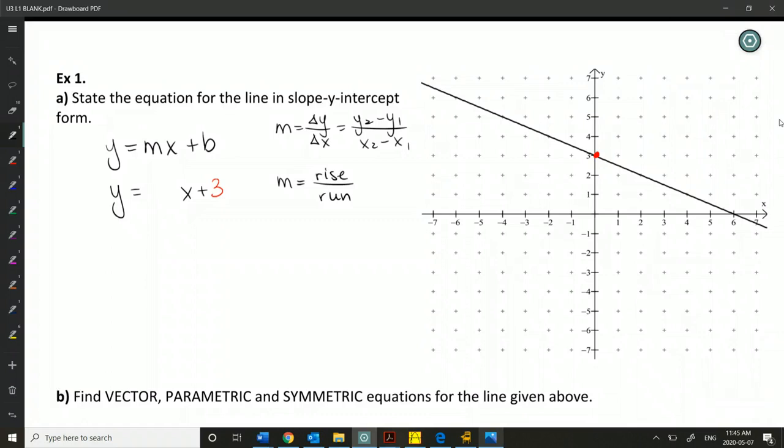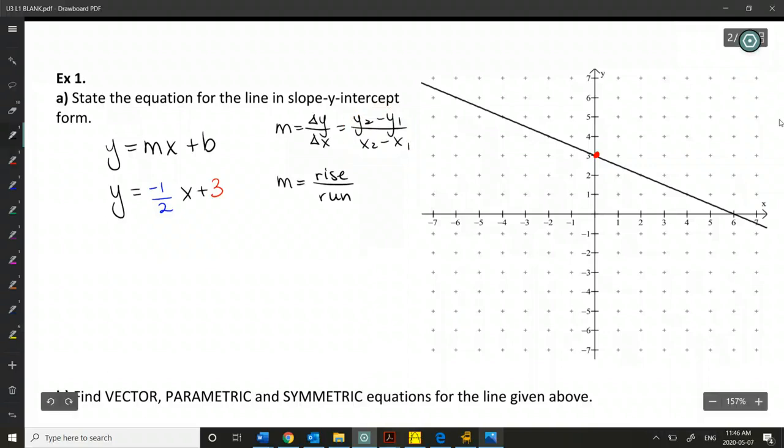If I choose the closest next coordinate here, I will go down 1 and right 2 to get there, which means that my rise is -1 and my run is +2. I think that's the easier way: just use rise over run if you have an actual graph. If you have 2 points, then you use the first formula.